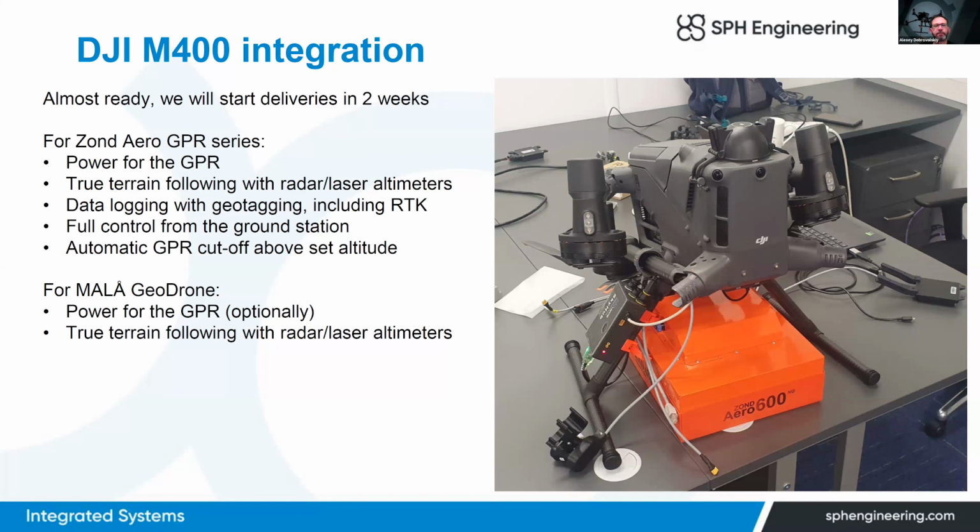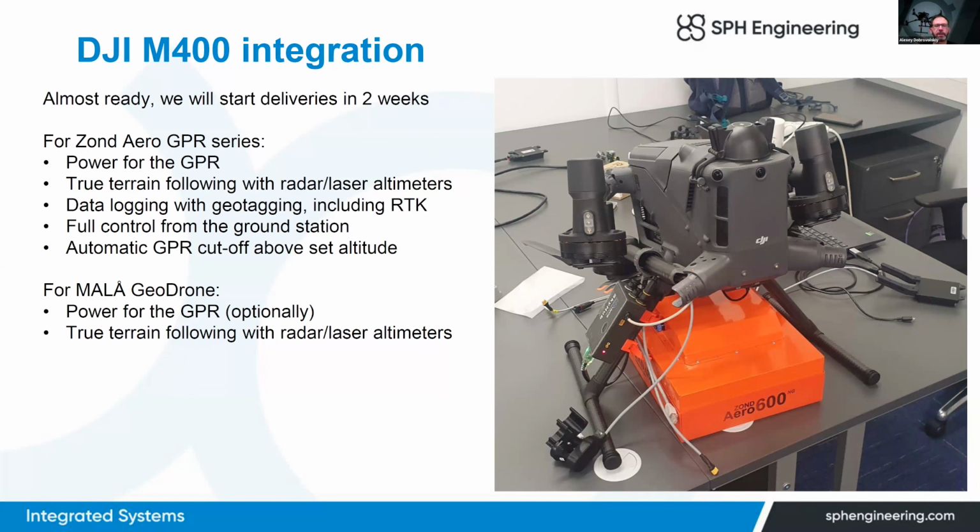For Zonterra, we will support or deliver power, of course. We will provide true terrain following capability with external altimeter. Of course, geotagging, including high precision coordinates if drone is in RTK mode. We will provide full control from the ground station. Operator will see real-time traces or profiles.